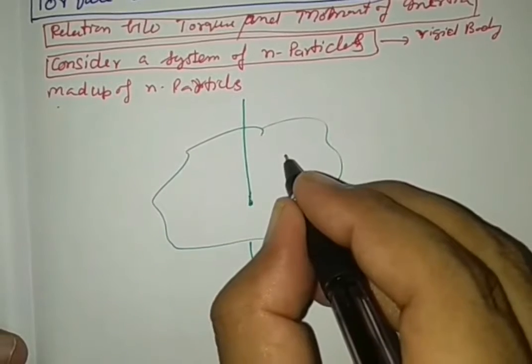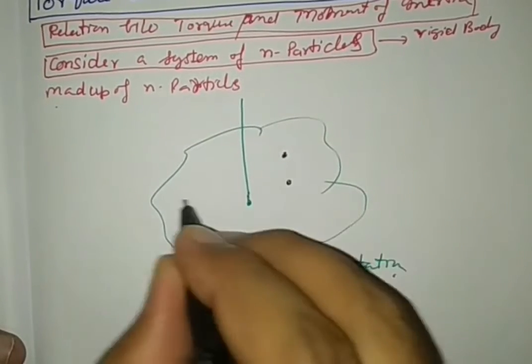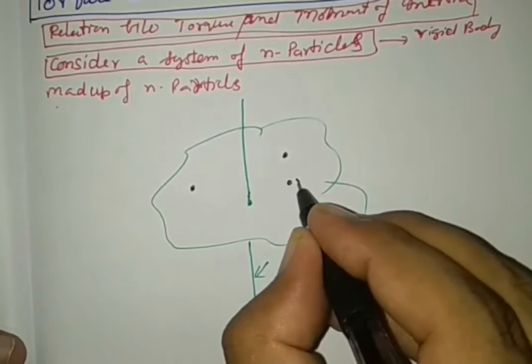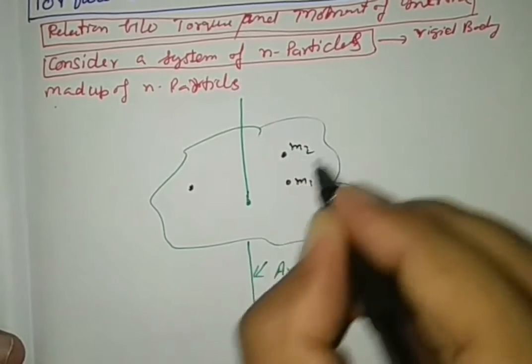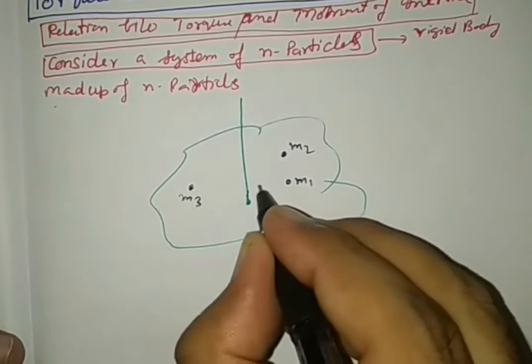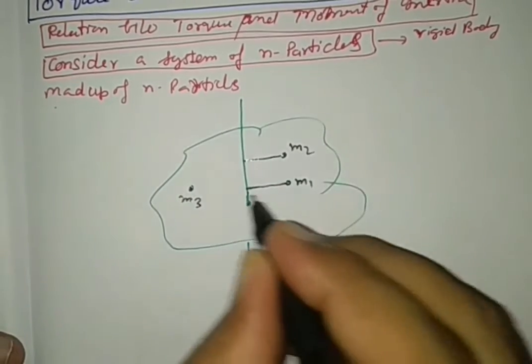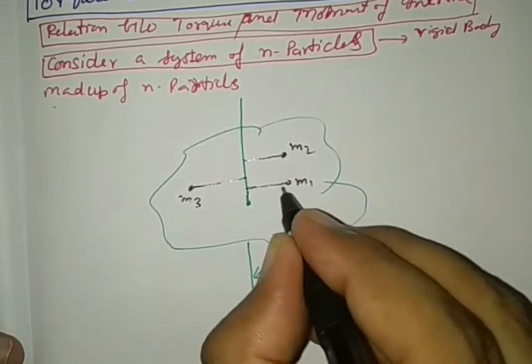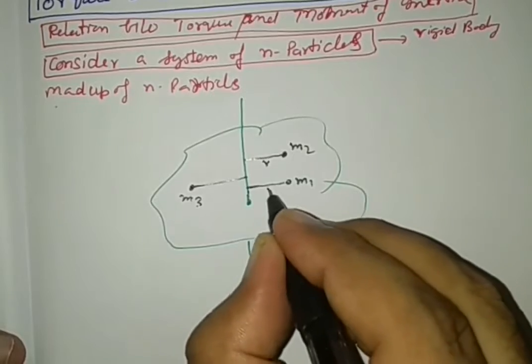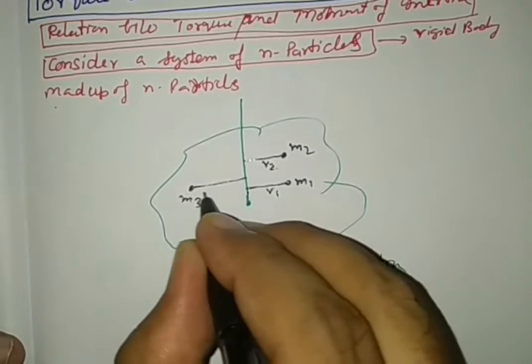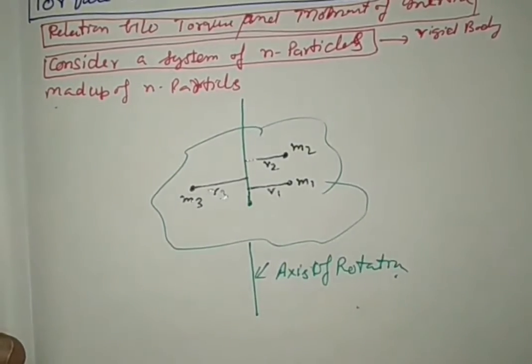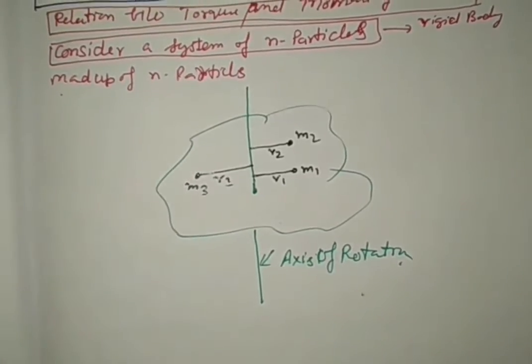Let us consider some particles 1, 2, 3 with masses m1, m2, m3, and so on. There are n particles here, situated at distances r1, r2 and r3 from the axis of rotation, and so on.